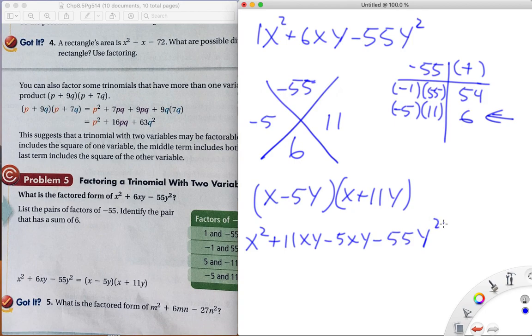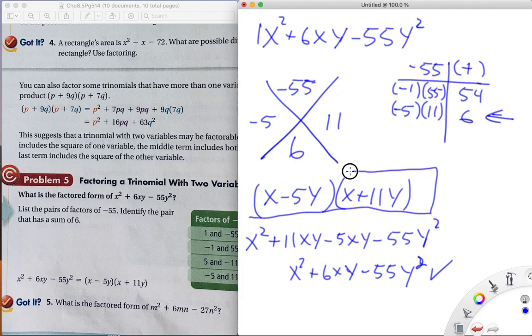So there you go. Combine like terms: x squared plus 6xy minus 55y squared. So it definitely checks. Good to go. Process is exactly the same. We still do the diamond method and look for the factors and sum them up. We just add an extra variable at the end, but nothing else changes.